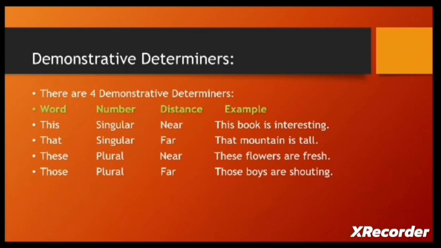Demonstrative determiners. Now see children, what are demonstrative determiners? These are determiners which help us to demonstrate something. There are 4 demonstrative determiners: this, that, these, those. See the example. This book is interesting. This example is indicating a book, so this is the demonstrative determiner for the book.